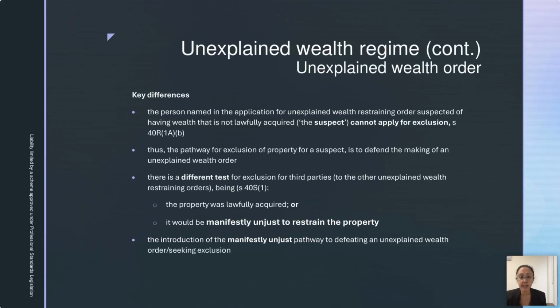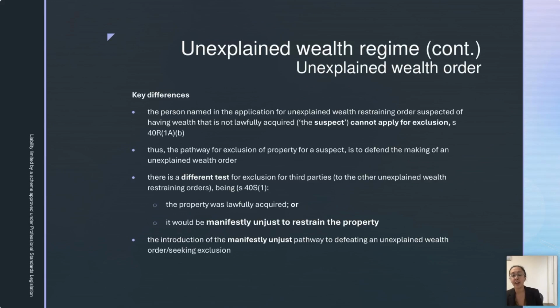Some key differences. It appears from my reading of the amending act that a suspect, that is the person whose wealth is suspected of not being lawfully acquired, cannot apply for an exclusion order to exclude their interest in the property.